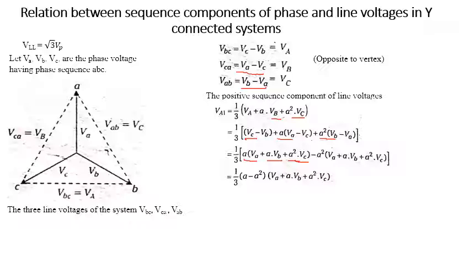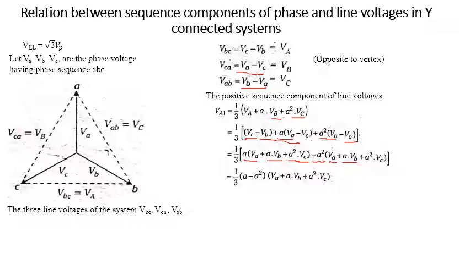The next term is multiplied by minus A square VA. Taking minus A square outside, inside the bracket I'll consider VA. And for VB, here it is A VB, so already there is an A square, so if I multiply by A, then only I will get A cube.